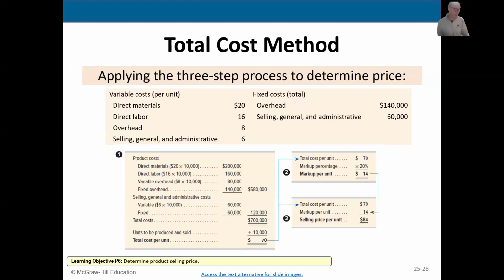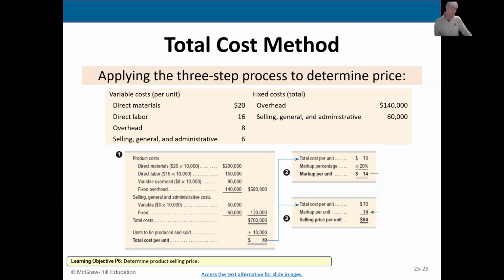But you know how to do that. We take direct materials plus direct labor plus factory overhead plus fixed overhead, selling general administrative expenses, get the total cost divided by the number of units we expect to produce. That gets us the total cost per unit. You've done that several times in the past few weeks.